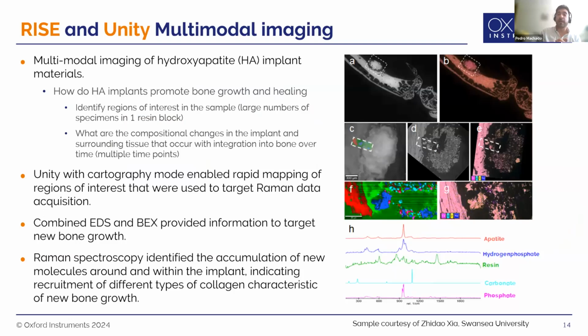Using our RBEX, we quickly mapped, we combined the EDS and BEX, and what we were able to see, and you can see this transition zone here in the middle panel and then enlarged in F and G, is that we found some molecules accumulating around the implant, and they have a spectrum that was characteristic of collagen, and it seems that we could find in the interface between bone and implant the features of actually promotion of bone growth. We looked also at a few different time points, and we tried to characterize this a little bit better.